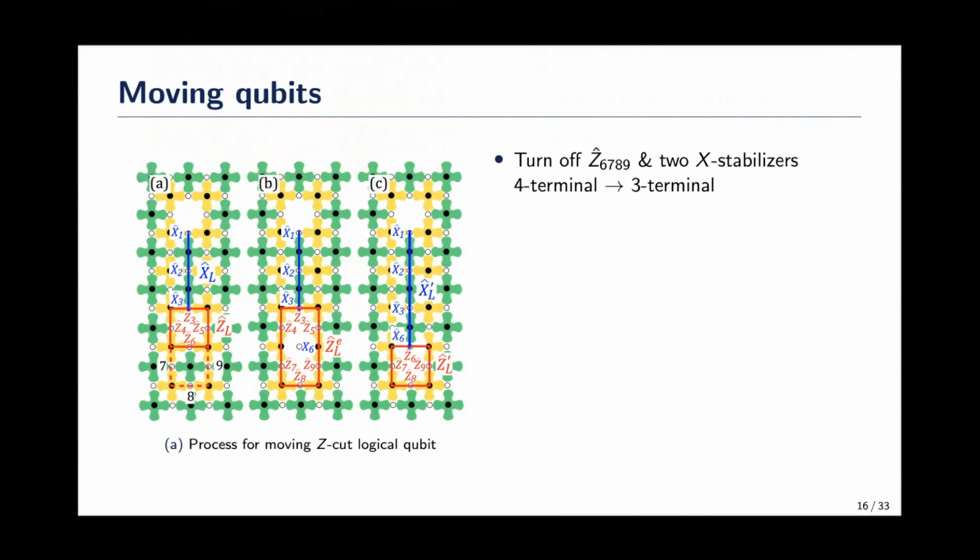To implement the CNOT operator, we have to move qubits. And this is the process of moving a Z-cut logical qubit. First, turn off these Z stabilizers and make this X stabilizer go from 4 terminals to 3 terminals.